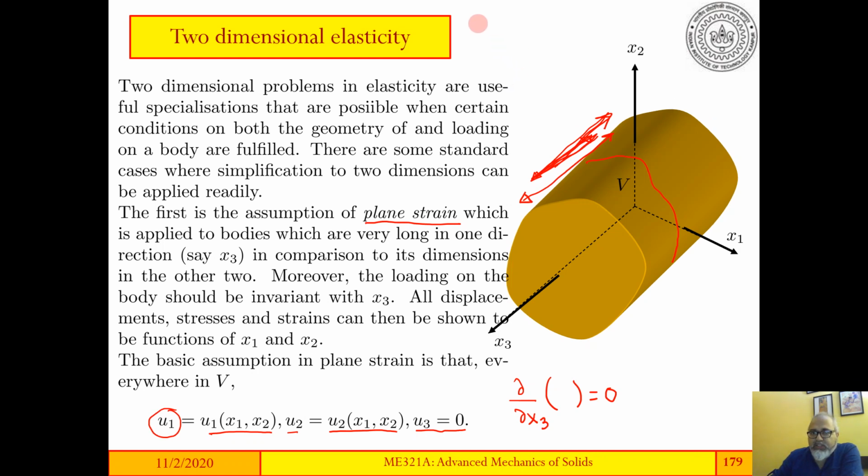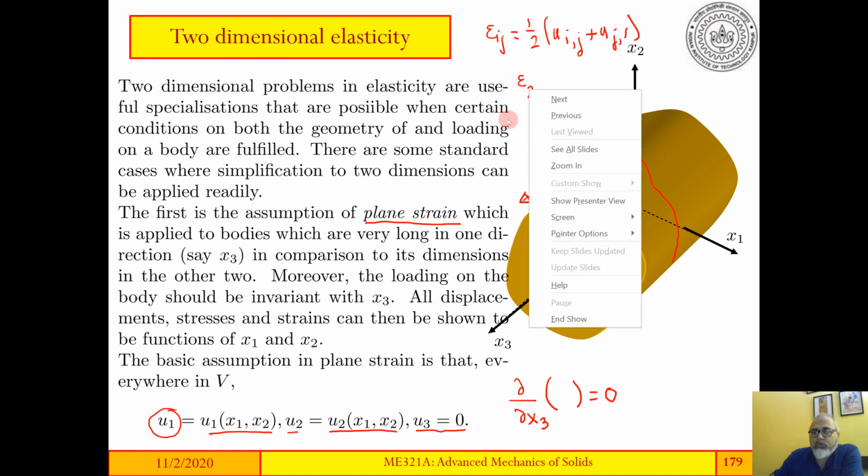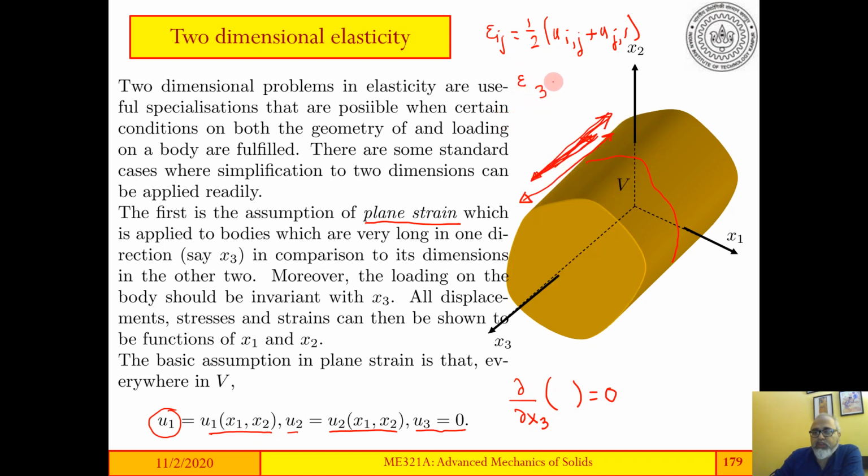So for example, in the strain displacement relations, which we all know by now is epsilon ij equal to half (ui,j plus uj,i). Think of epsilon 2 3, which would be half (del u2 del x3 plus del u3 del x2).